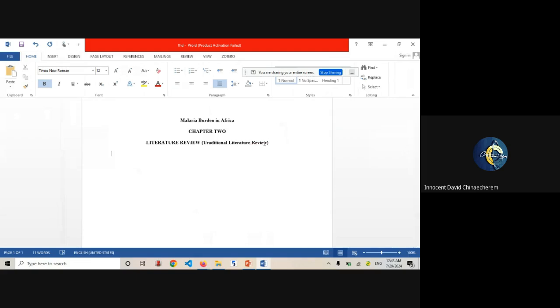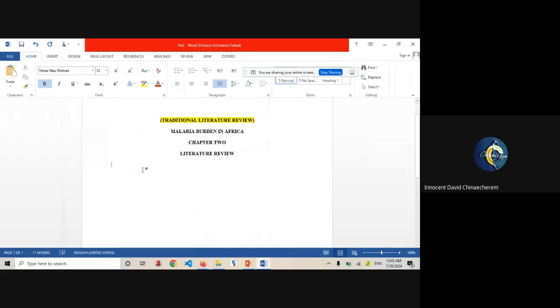In your chapter 2, you start by doing what? Usually this is your topic, right? So one thing that is synonymous to your traditional literature review is what? Okay, let's place this at the top here and color it yellow. Right? Good.